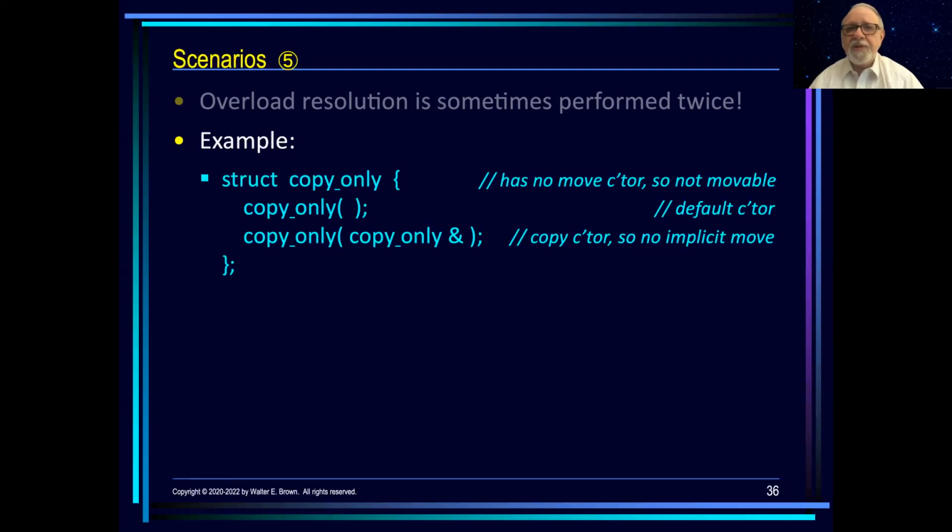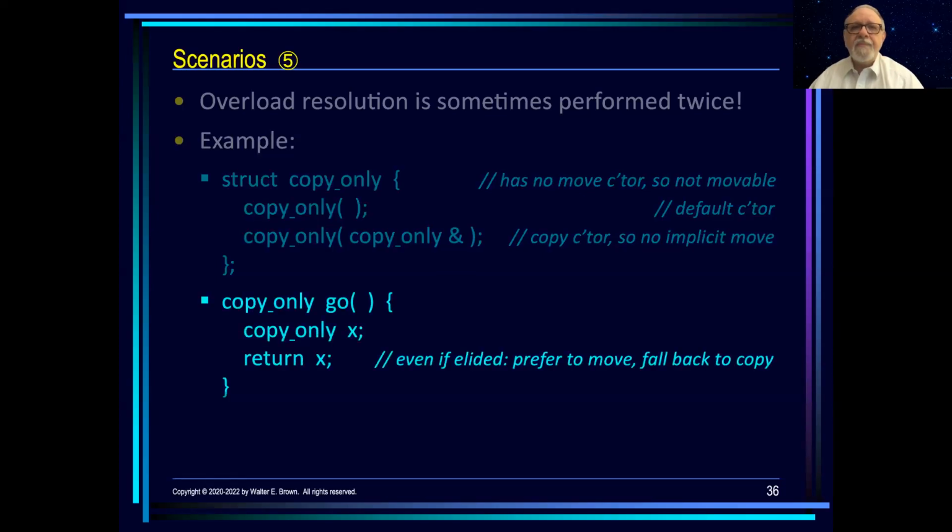I've given a default constructor, and I've given it a copy constructor, so there's no implicit move. Okay. Now let's have a function, go. It returns an entity of type copy only. So I create a local variable x of that type, and I return it.